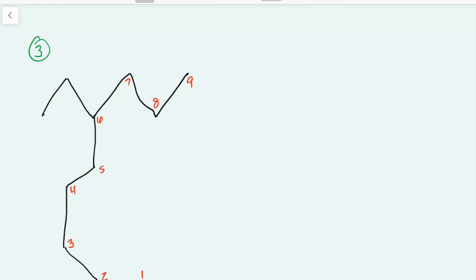Now that we have the longest chain, you have to figure out where the branches come off, at the lowest number. It looks like here we have a branch, which is this area right here. That's our little branch, which is at number 6.